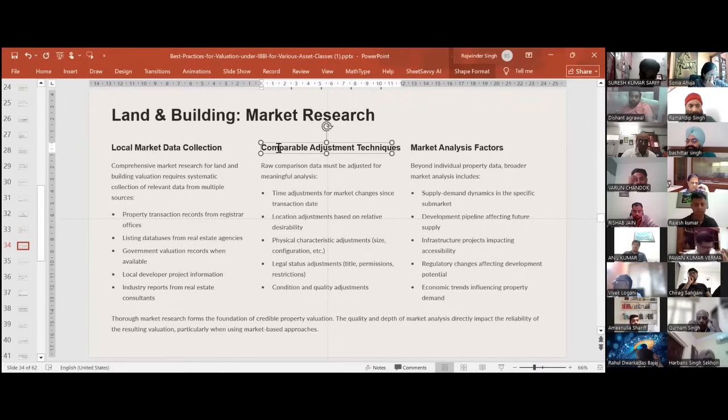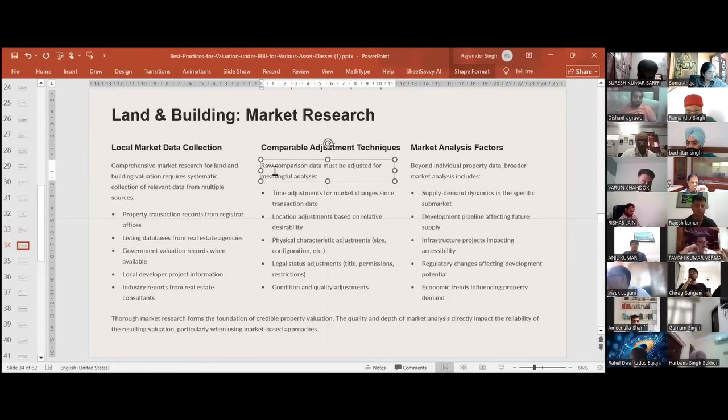And then for market research, you should be conversant with the comparable adjustment techniques. After collecting this data, this is raw data. So you have to convert this raw data into useful data. This raw comparison data must be adjusted for meaningful analysis.